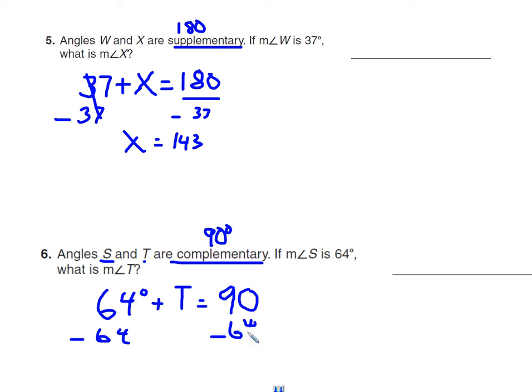It's going to give me T all by itself, and that equals 26 degrees. So that's 26, number 6. Angle T is 26 degrees because 26 plus 64 is 90.